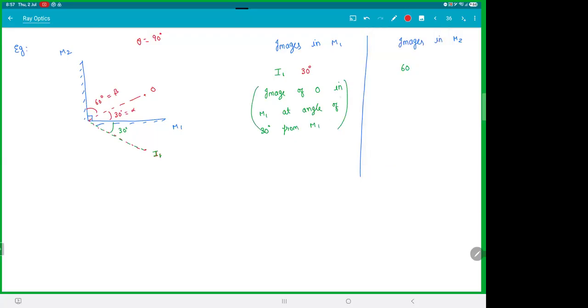Perfect. Now, when you added 90 here and this became 120, so this guy was the image of I1. On which side is it? It is on the M2 side, right? Image of I1 in M2 at an angle of 120 degrees from M2.